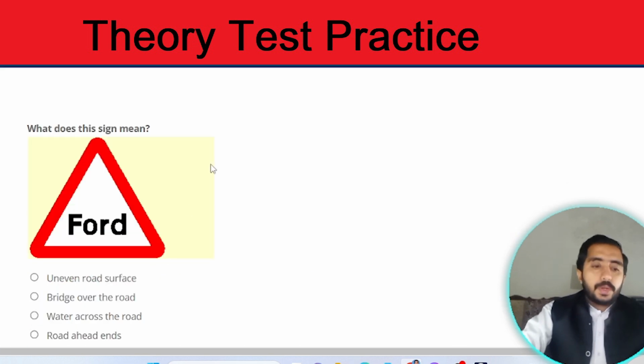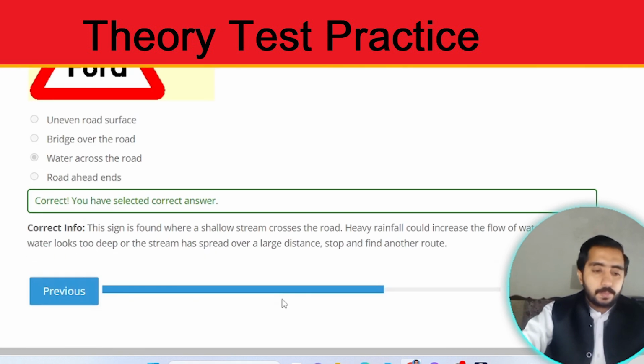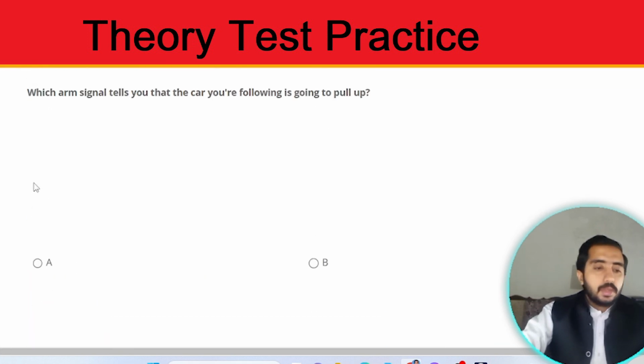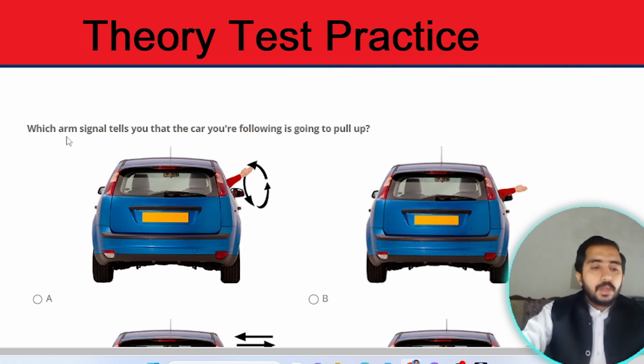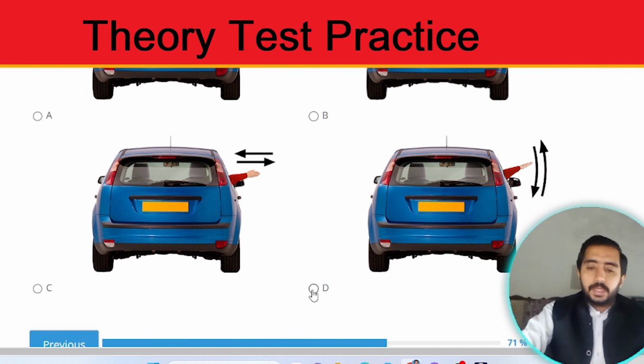Next. What does this sign mean? This sign is represented by water across the road. Option C. Next. Our next question is, which arm signal tells you that the car you are following is going to pull up? The arm signal is this signal. Option D is the correct one.